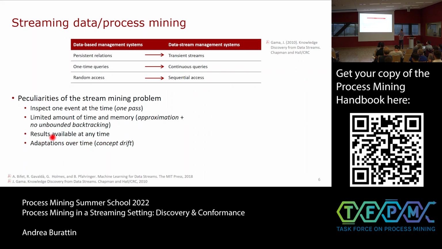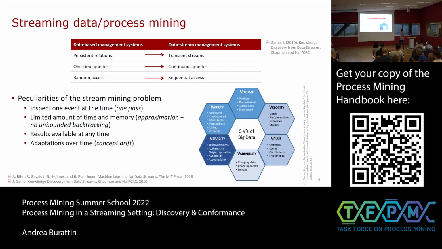This also calls for the impossibility of doing unbounded backtracking, meaning you cannot go back as much as you want in your processing. And because the stream is infinite, we need to assume that our data or the underlying model will change sometime in the future, which means that we need to accept the fact that there will be a concept drift sooner or later, as well as other time constraints.